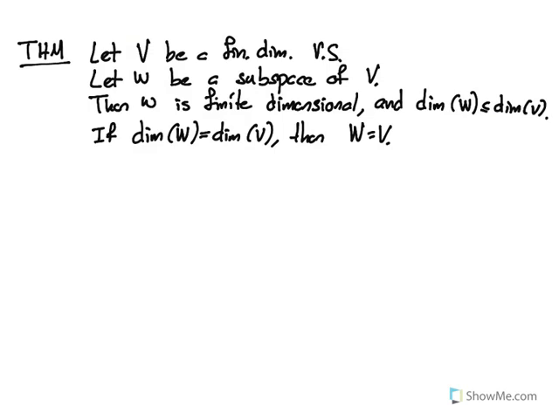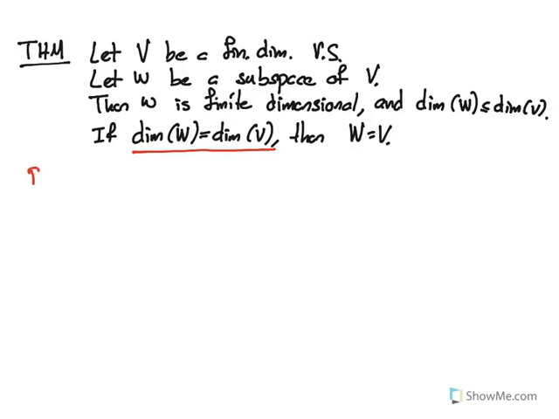And if you have equality, if they happen to have the same dimension, then the only possibility is that the two spaces are the same. Then the subspace is equal to everything. There is no way to form a strict subset of a vector space that has the same dimension as the original space.